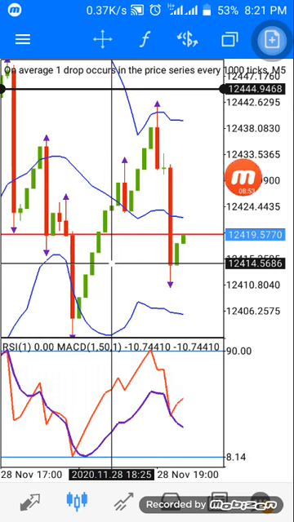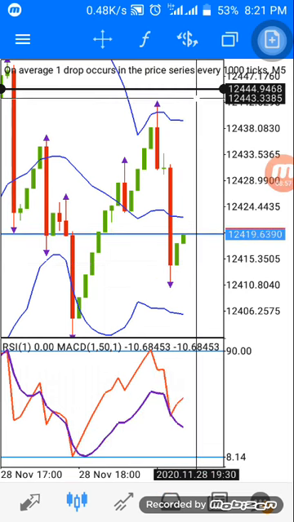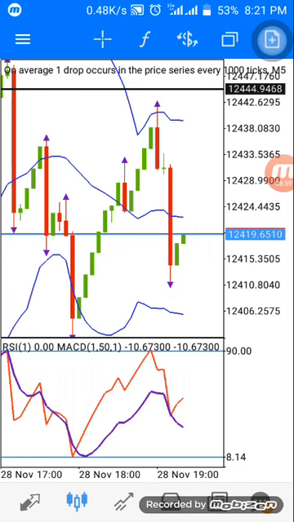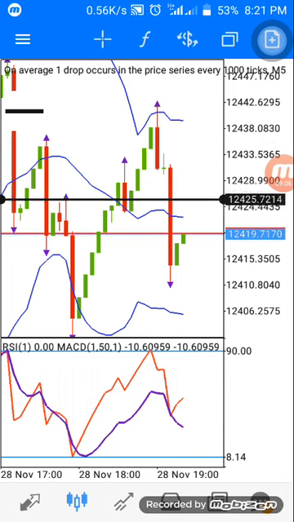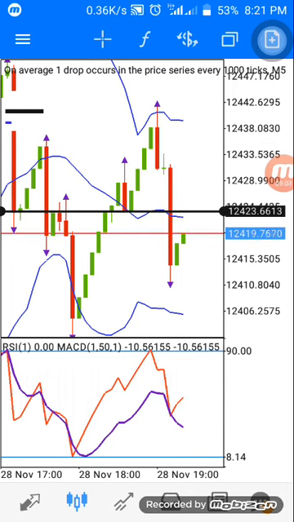I could hold this trade longer to take my profit. If my take profit should be somewhere here, assuming I didn't get my take profit before this spike happened to me, or something somewhere here, I could still hold my trade to take my profit easily without being afraid of loss.